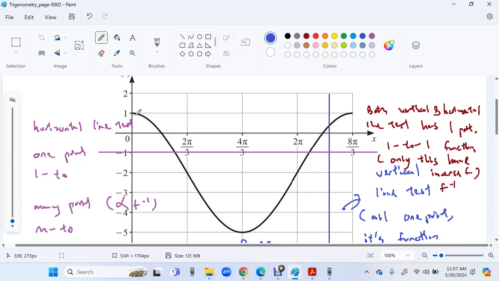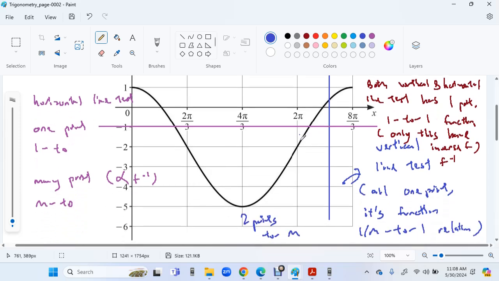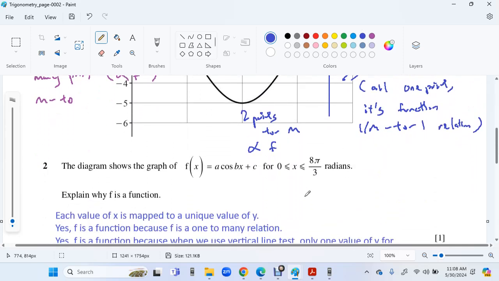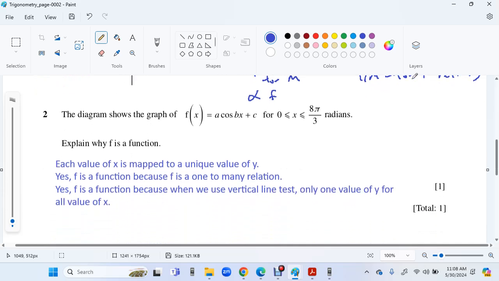Okay, so conclusion, this graph has 1 point for the vertical line test and 2 points for the horizontal line test. So this one is a many to 1 relation. No, I made a mistake here.